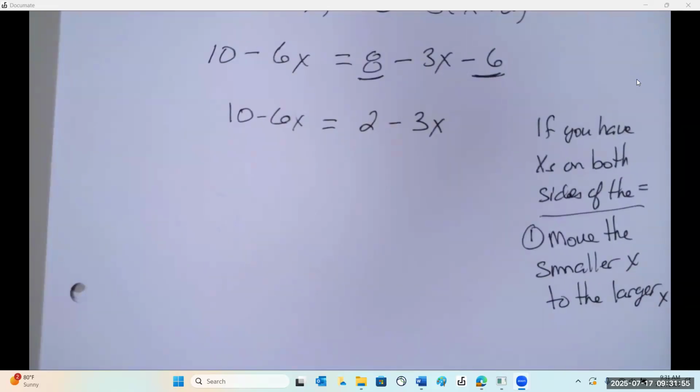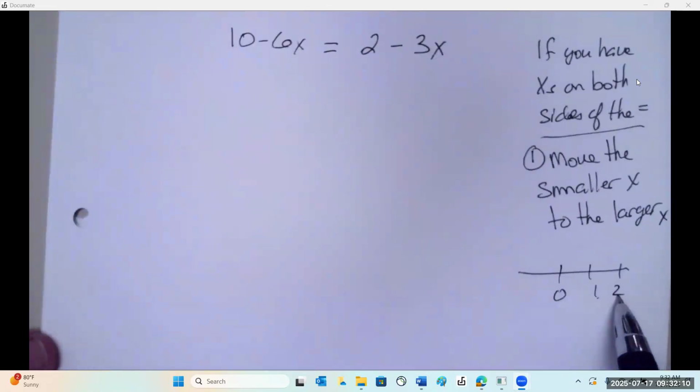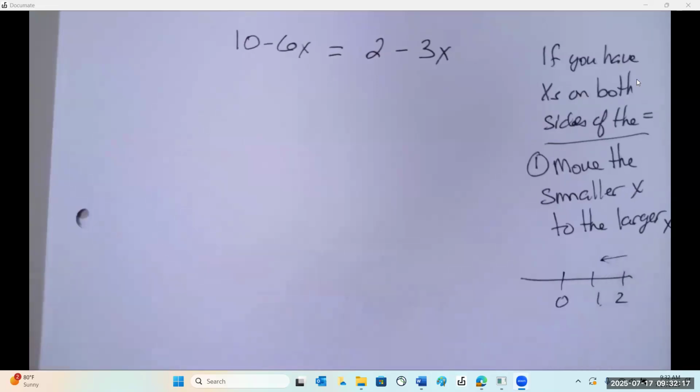So, which one is the smaller x? By smaller, think of a number line. Is 1 smaller than 2? Why is it smaller than 2? Because it's further to the left on the number line.